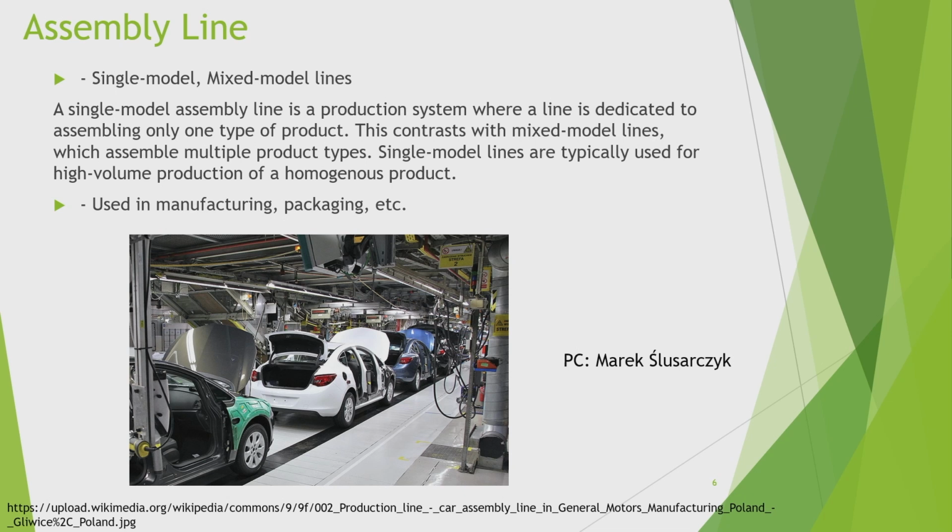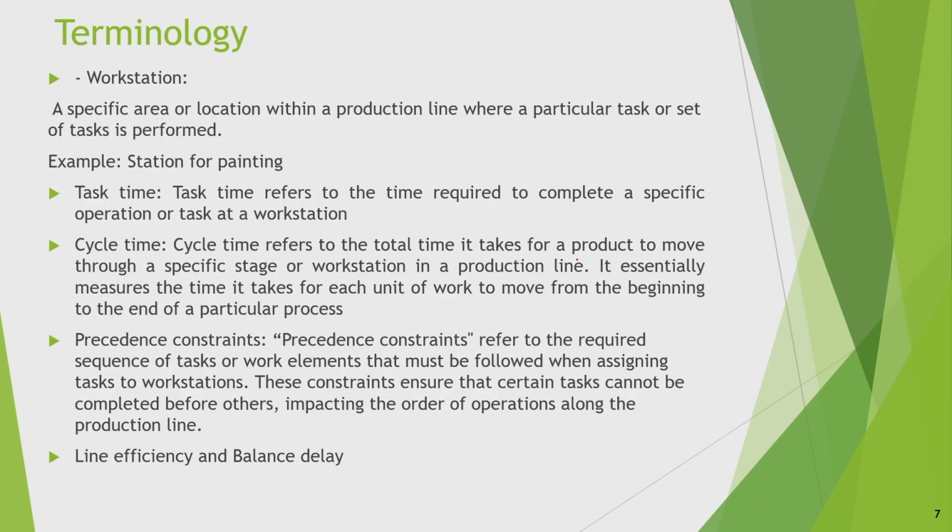Line balancing is common in manufacturing and packaging. I am just putting up a picture. It shows the assembly line for car manufacturing. So, this is a line, cars are moving, they are in line, and in each station a job is done, station to station. They may move on these rails, and stations are set here, this is another station, like that.